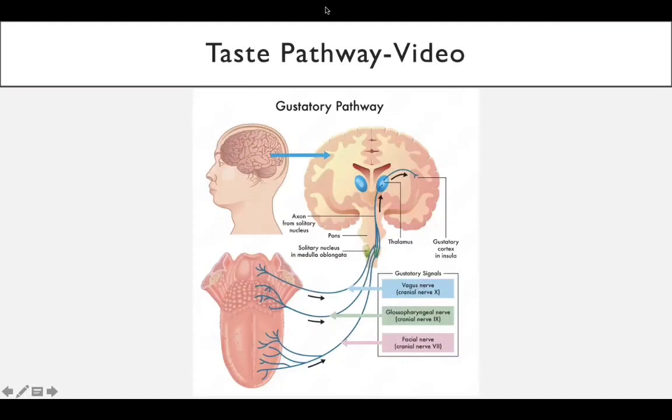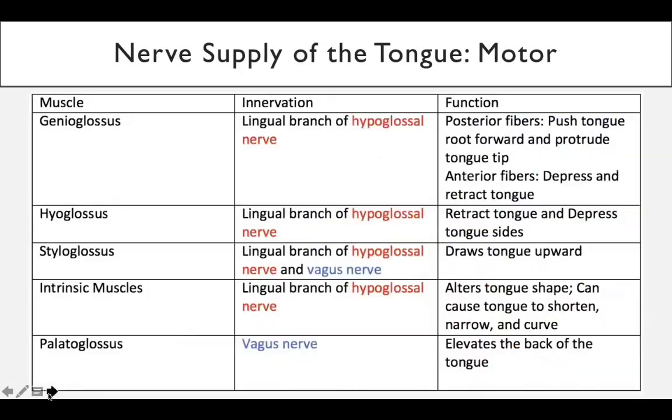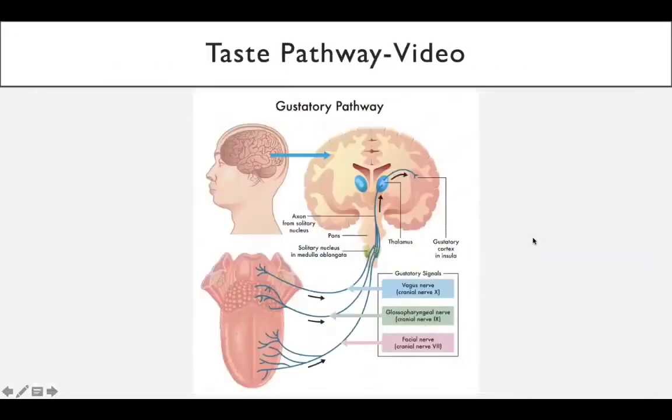We also studied trigeminal here. Here there is the lingual nerve, the trigeminal nerve. So why is it not mentioned here? Answer. Yes, because it's the gustatory pathway.